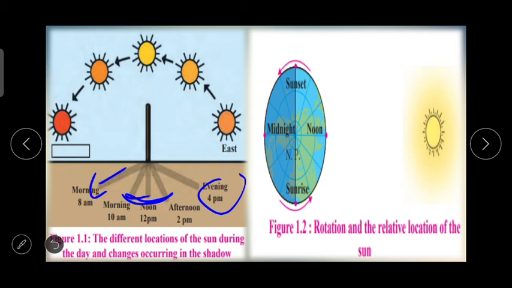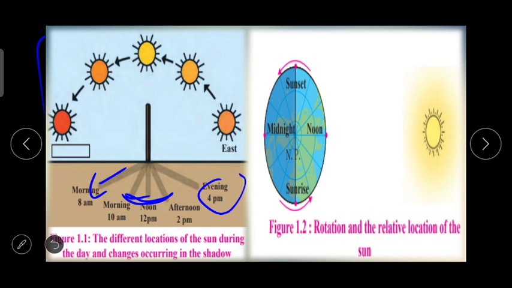Why is there a change in the length of the shadow? It is because of the change in the apparent location of the sun in the sky, the length and direction of the shadow of the pole kept changing. So with the help of these two figures, figure 1.1, the different locations of the sun during the day and changes occurring in the shadow, and figure 1.2, rotation and the relative location of the sun, what do we understand?